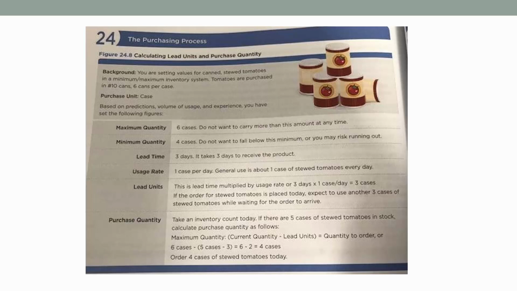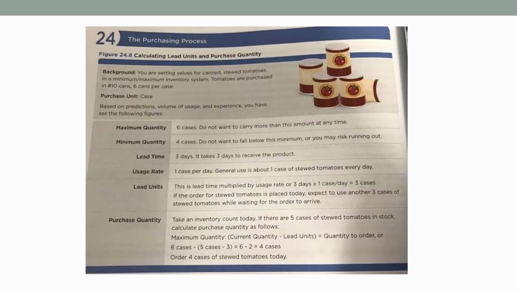Again, if you're trying to decide how much to buy, so if we have 5 cases of stewed tomatoes in stock, then I know my current quantity is 5 cases, and I want to make sure I have at least 6 cases. Or not at least 6, I want at least 4, but I'm going to keep that at 6 if I'm looking at the maximum to order.